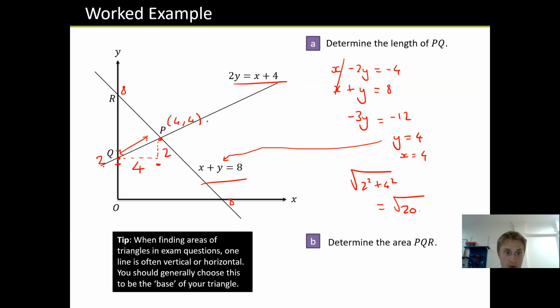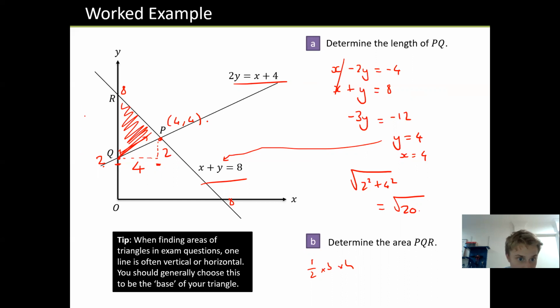Find the area of PQR. PQR is this triangle here. Now, don't do like half AB sine C if you can avoid it, because you're probably overcomplicating things. So half base times height, if you can, is what you're looking for. Now, the base and the height, base doesn't have to be horizontal. Base and height, these things just have to be at right angles to each other.